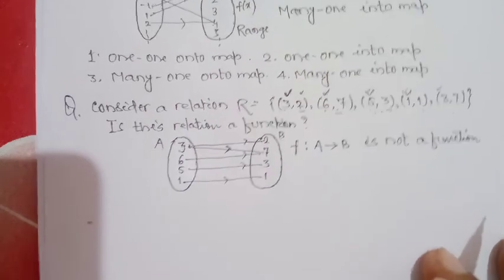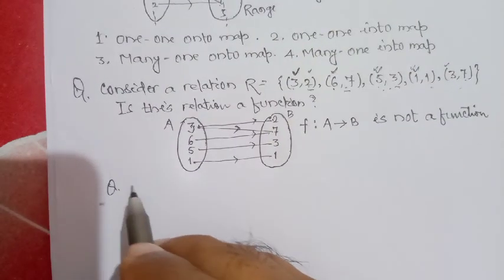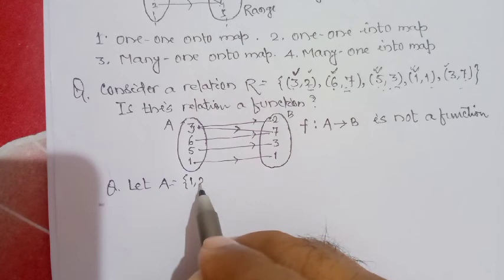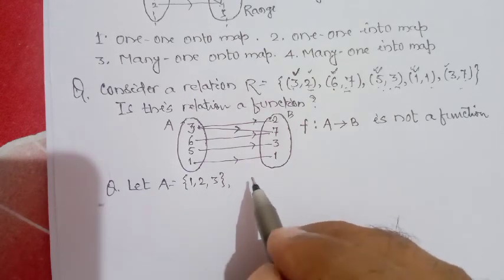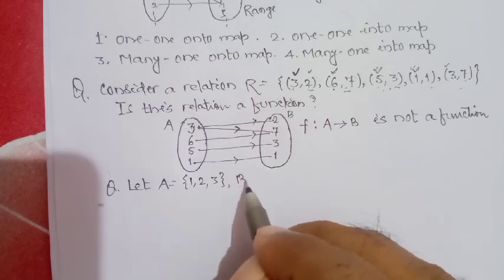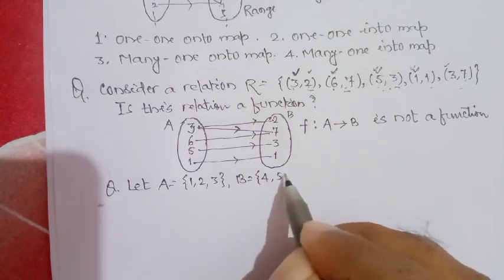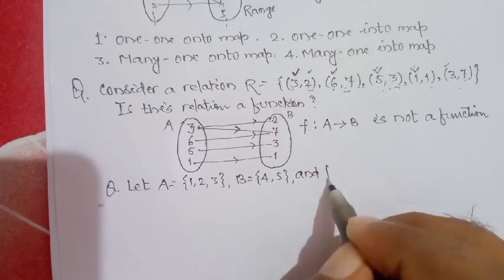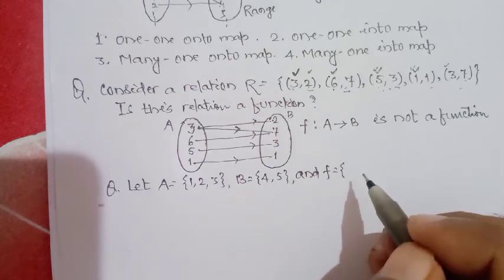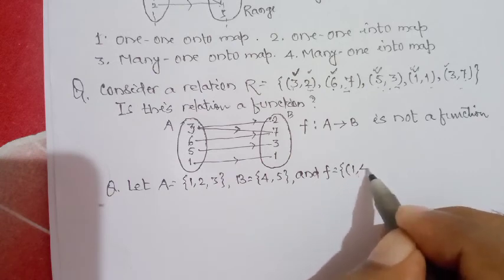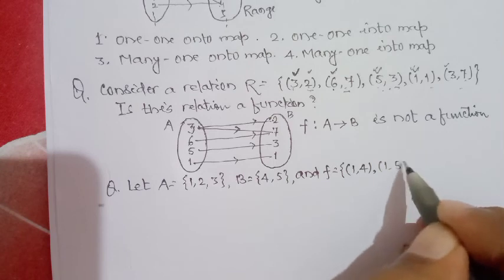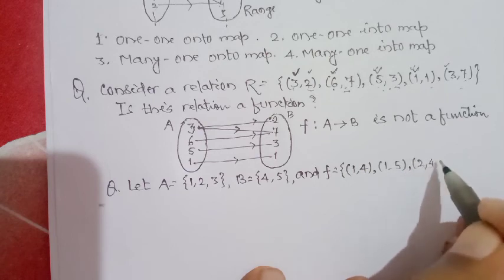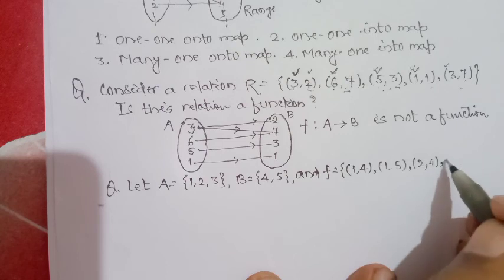Now again the same question. Let A is equals to {1, 2, 3}, B is equals to {4, 5}, and F is equals to {(1, 4), (1, 5), (2, 4), (3, 5)}.